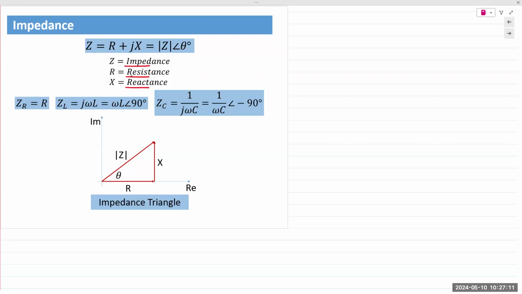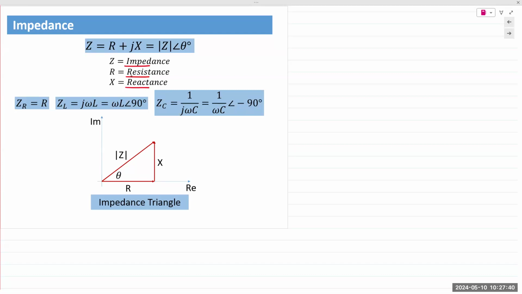However, because they are energy storage devices, energy is stored in the magnetic field, energy is stored in the electric field. This stored energy will oppose any change in the input quantity. Again, it is not resisting the input quantity, but it opposes any change in that input quantity.